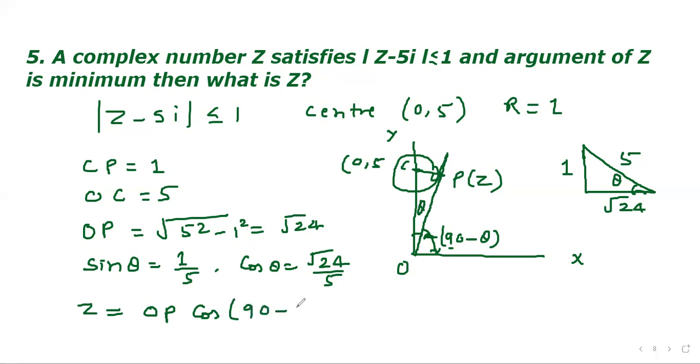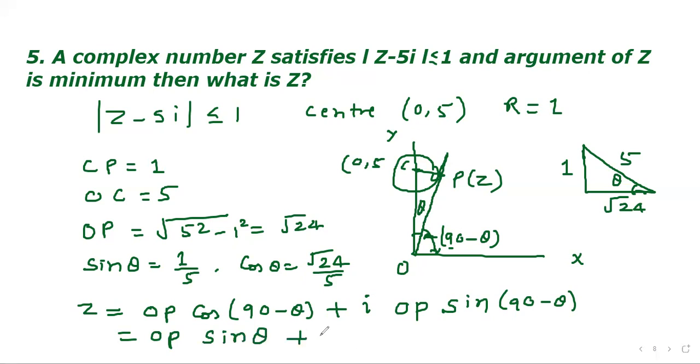So OP cos 90 minus theta plus iota times OP sine 90 minus theta. That is OP times sine theta plus iota times OP times cos theta. We can put the values of OP as root 24 and sine theta as 1 by 5 and cos theta as root 24 by 5.